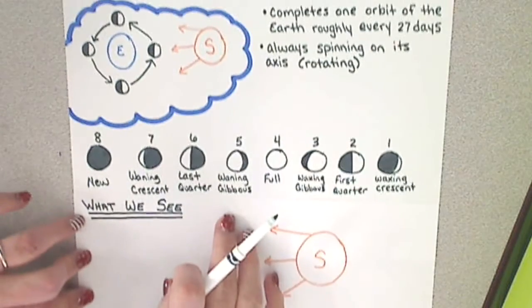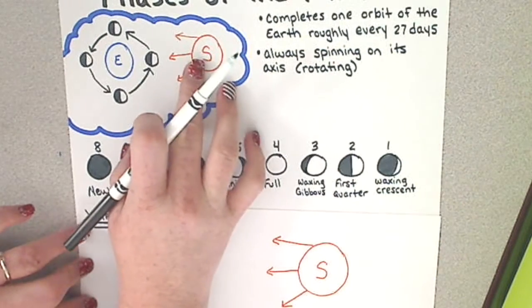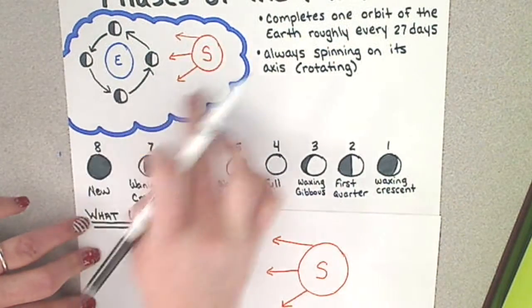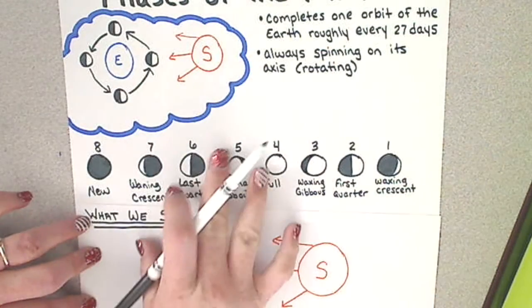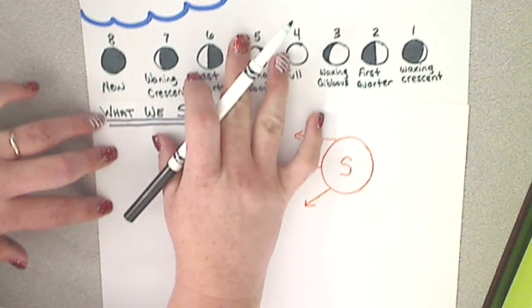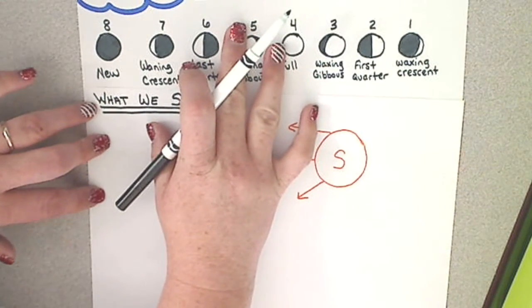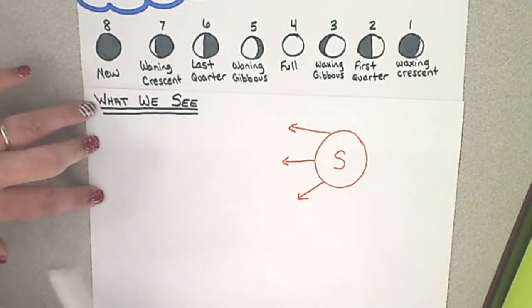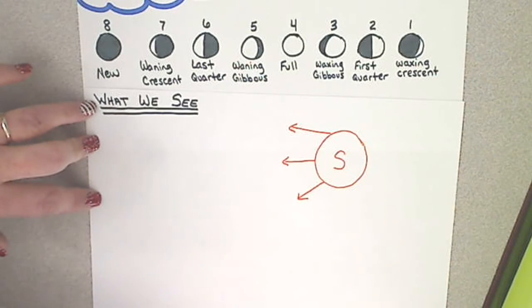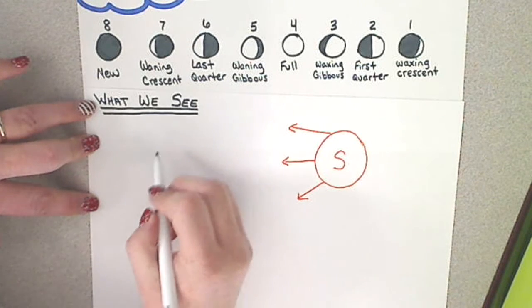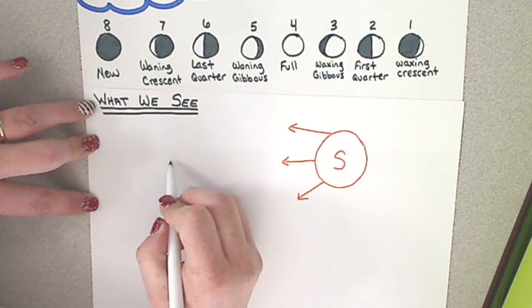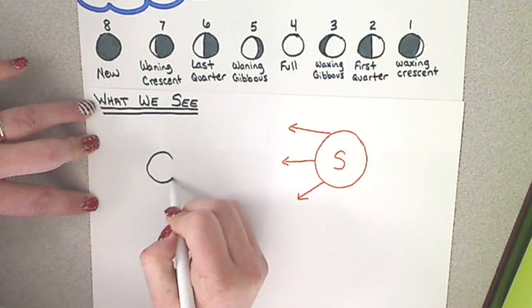Because before, we have the exact model of what the moon looks like in its different positions in correlation to where the sun's rays are hitting it. Now we're going to be making a model based on what we see when we are standing on Earth when the moon is in its different phases. So we're going to have our Earth.